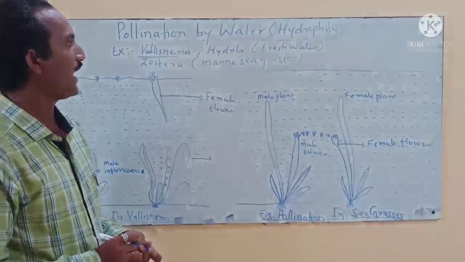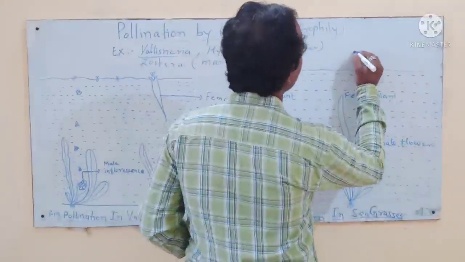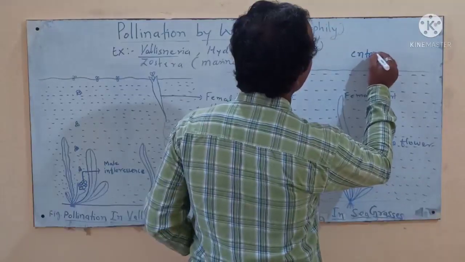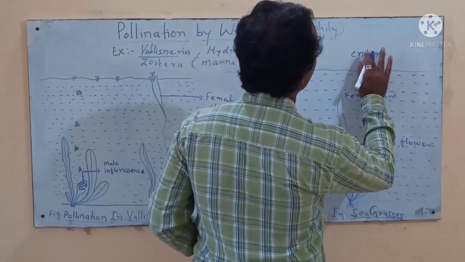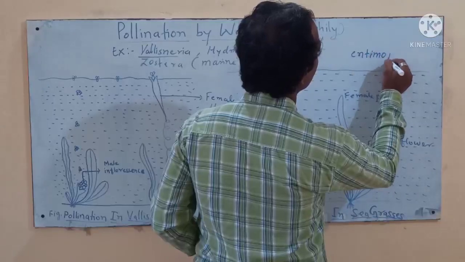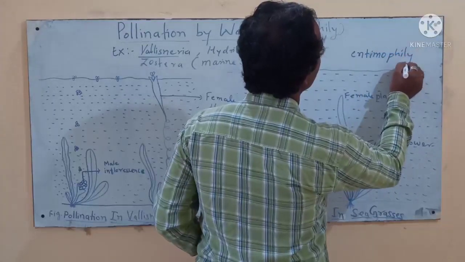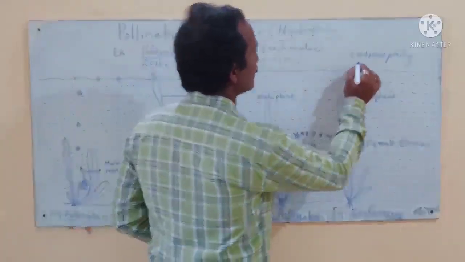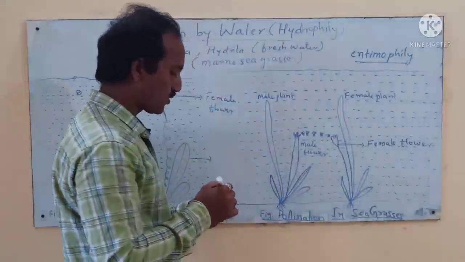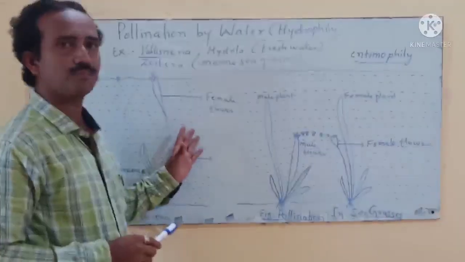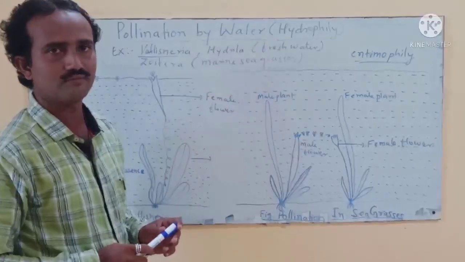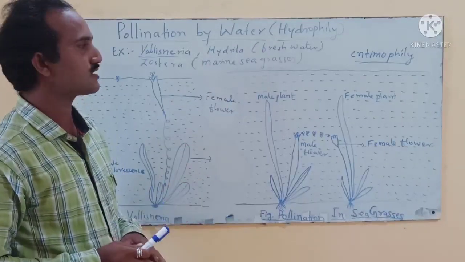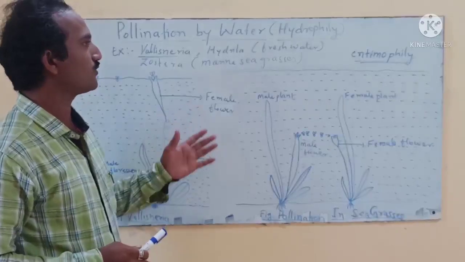That is called entomophily, that is pollination by insects. So all the aquatic plants will not show hydrophily.